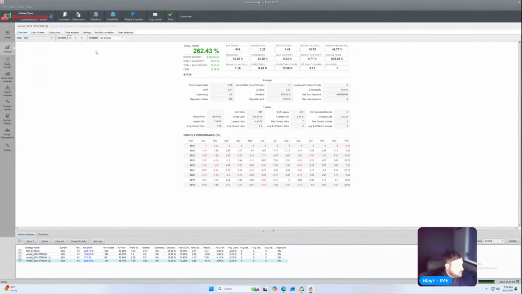So this is exactly why I would have this system risk in very low amounts. Every year might be good, but what happens if this year's negative? That can happen in a system, and it will, that's just part and parcel of trading. There's a lot of stuff that we could add to this. We might be able to add some sort of volatility metrics, so we might say we're only trading this system when volatility is high.